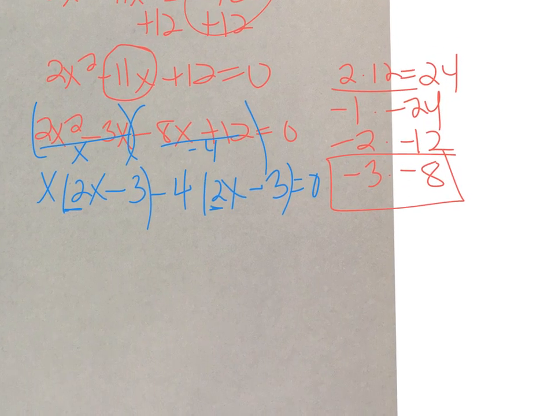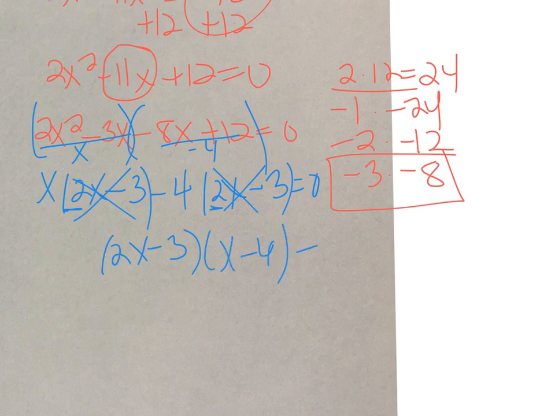All right, now we have 2x minus 3, which is in both of them. That's going to be our common factor for our final equation. And then what's left after I take out 2x minus 3 is just x minus 4 equals 0. Well, your final solutions are not until you set each piece equal to 0.